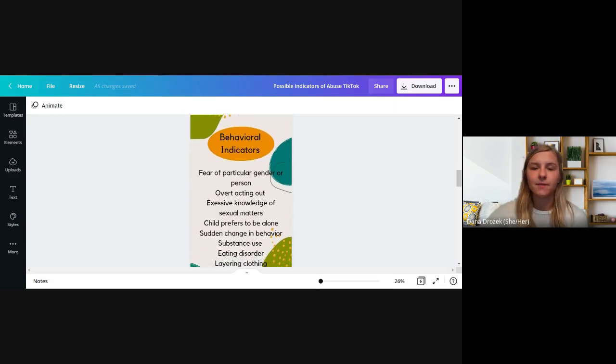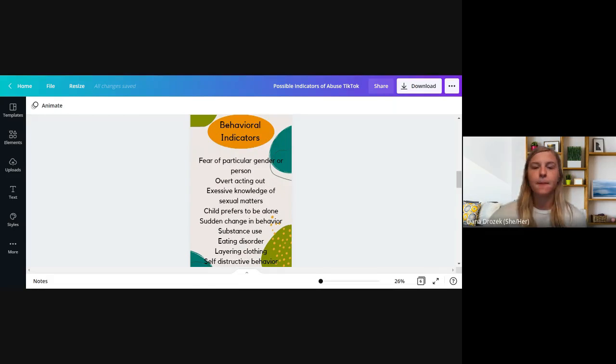Now let's talk about some behavioral indicators. So some things that some people might be doing is having a fear of a particular gender or a particular person. So let's say that we're at a daycare with one of our kids and they have a fear towards one specific gender or one person at that daycare, one person in their family, something like that, and they're afraid of that person.